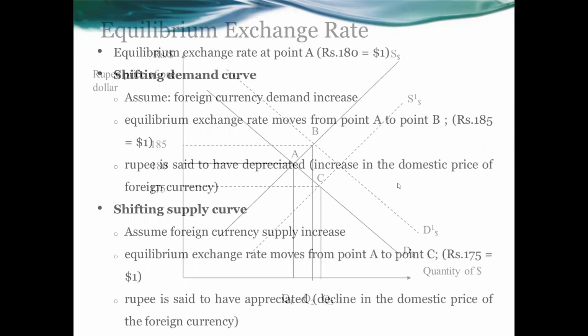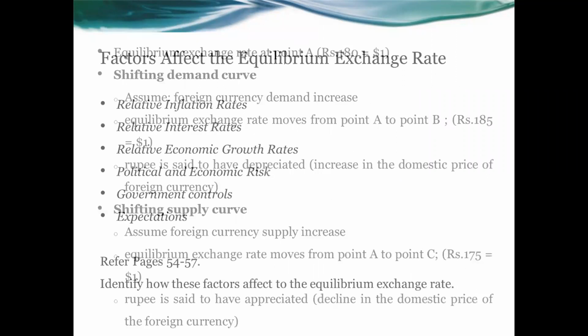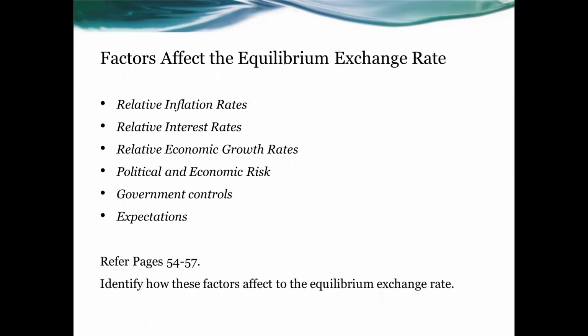Now, what are the reasons for that shifting, or what are the reasons for the changing equilibrium exchange rate? Right? So that's the thing we need to know. Okay? So there are several reasons. I will explain one in detail, and then you can get your textbooks and find out how the equilibrium exchange rates change according to these different factors.